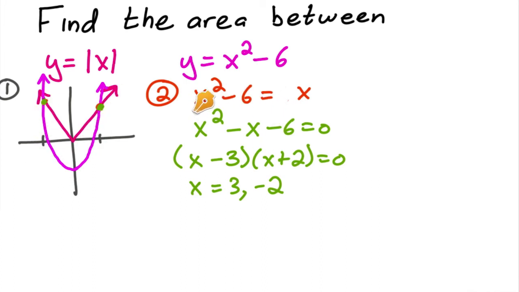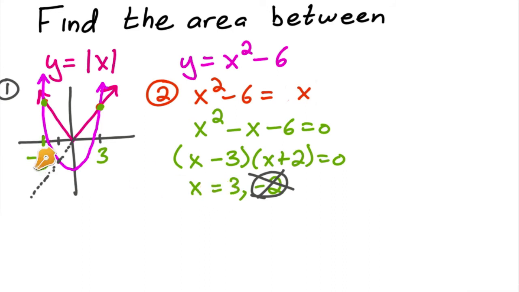Because you're letting x squared minus 6 equal to x. That's what you're solving. And the line y equals x really goes all the way down. So this value right here, negative 2, that's not part of your function. So this one you remove. The value that you're looking for is actually 3, and this one would be negative 3.